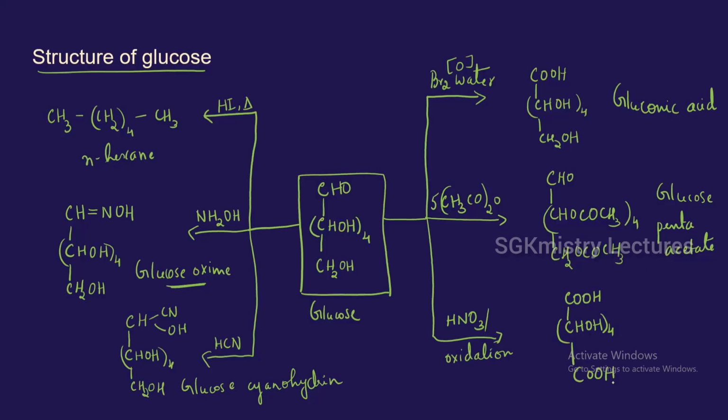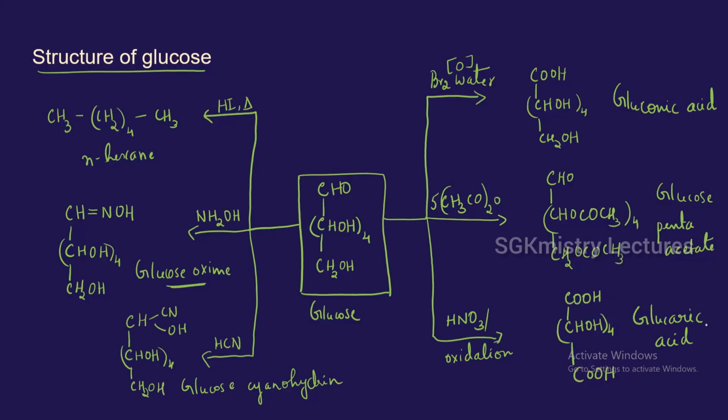Now they knew that this oxidation in the presence of HNO3 mainly brings about oxidation of the aldehyde group as well as the primary alcohol group. So they knew that there is a primary alcoholic group present in the molecule of glucose. So this is glucaric acid.